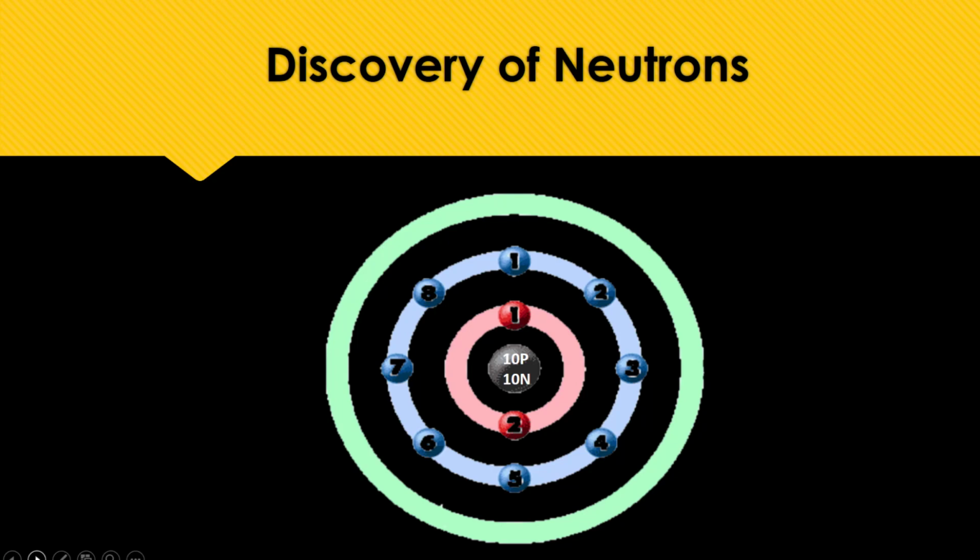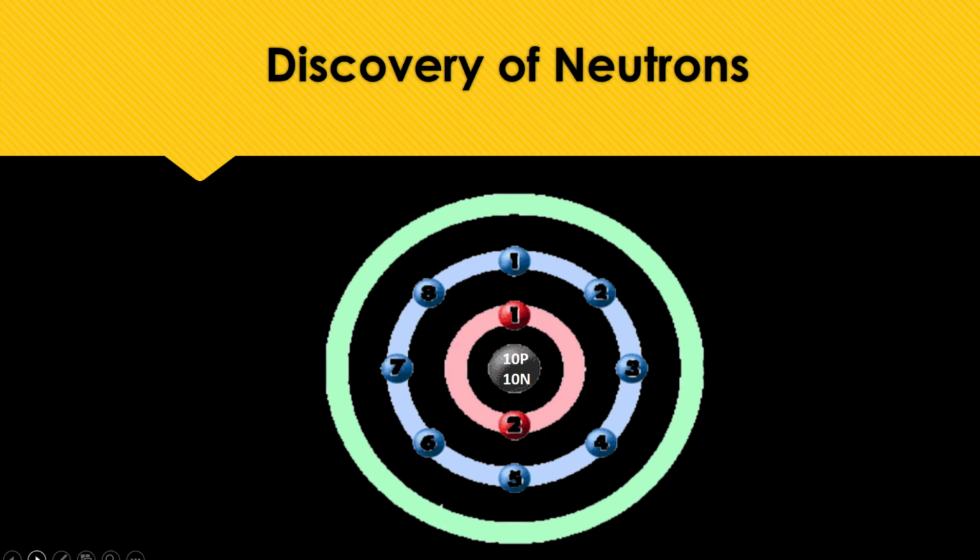But when it was discovered that the nucleus has a greater mass than could be accounted for by the protons alone, it was realized that there must be a third subatomic particle present in the nucleus. It has neither positive charge nor negative charge. James Chadwick in 1932 discovered the subatomic particle called the neutron, which doesn't contain any charge.